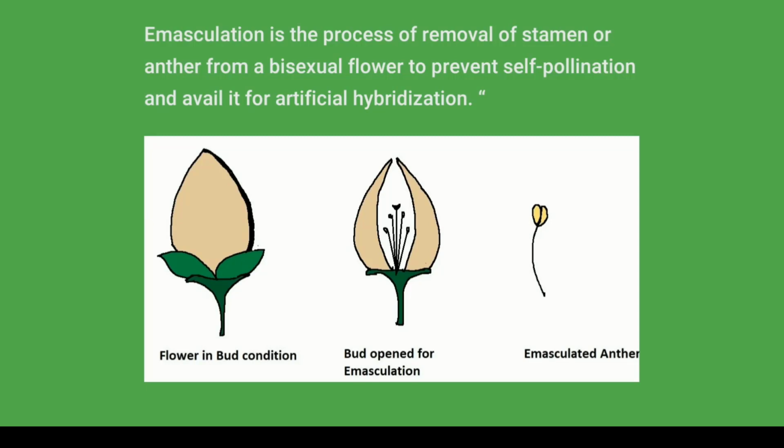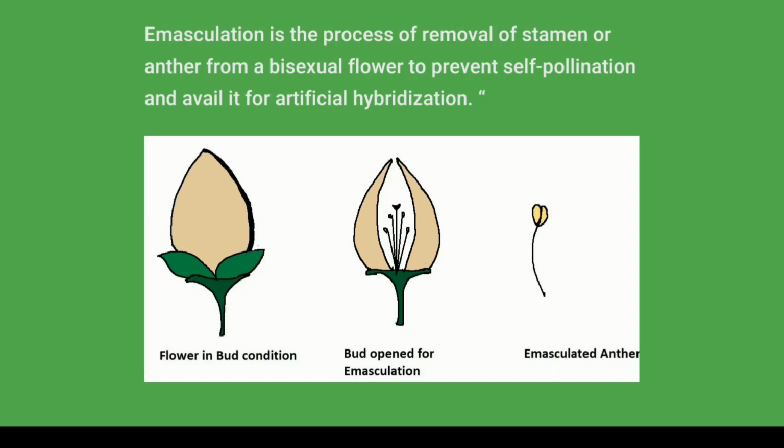In that we need to remove the stamen for artificial hybridization, as we can see in the diagram. When the flower is in bud condition and when it opens, emasculation has to be done by removing the anther, the male gametophyte.